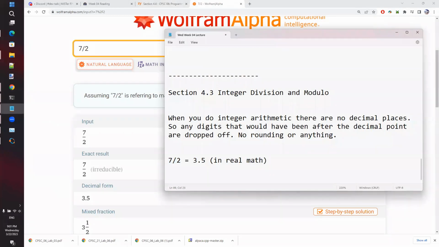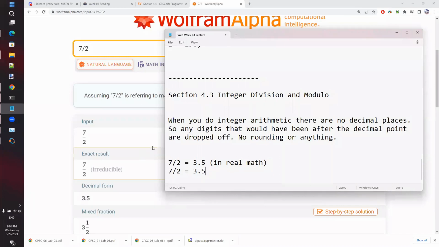But in Java, that's not what happens. 7 over 2 is 3.5, but because it's an integer over an integer and we didn't do anything to say that it was not that, there is nothing after the decimal point.